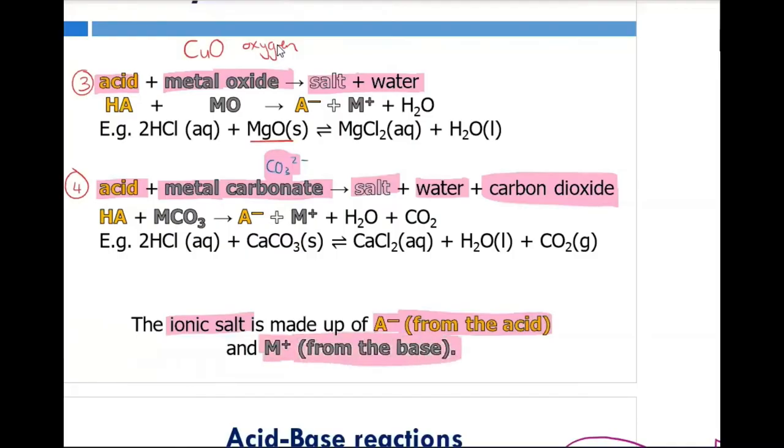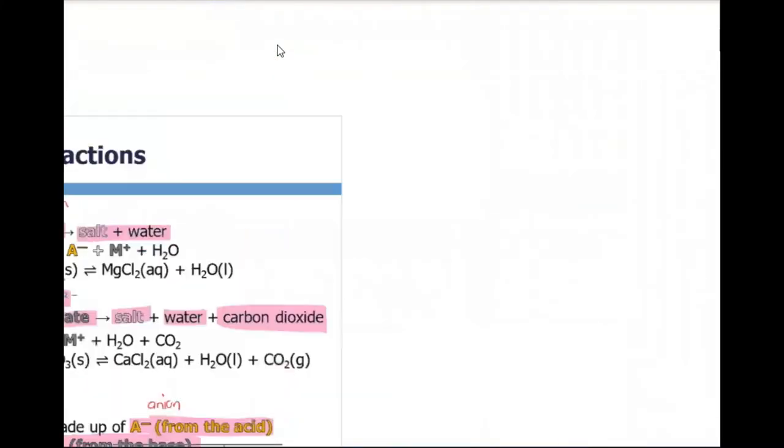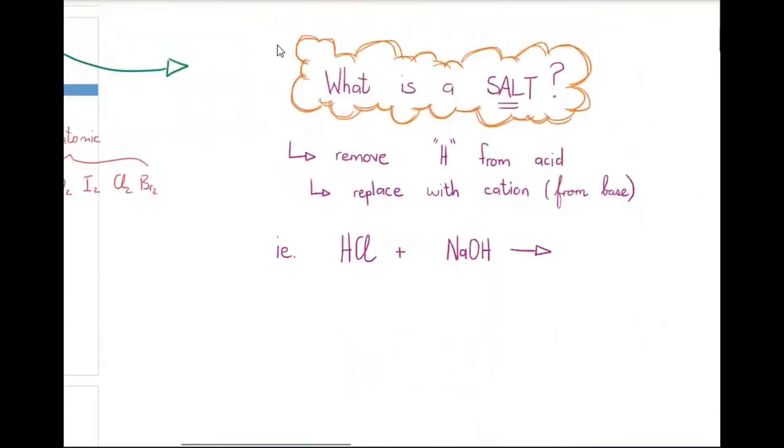So I'll repeat, how do we form salt? And remember, salt here, we don't just refer to NaCl, that is a type of salt. See salt as a little heading, and then how do we form salts, plural? A salt is made up from the anion from your acid, so you can write that in there for yourself, the anion of your acid plus the cation of your base. So what is a salt?